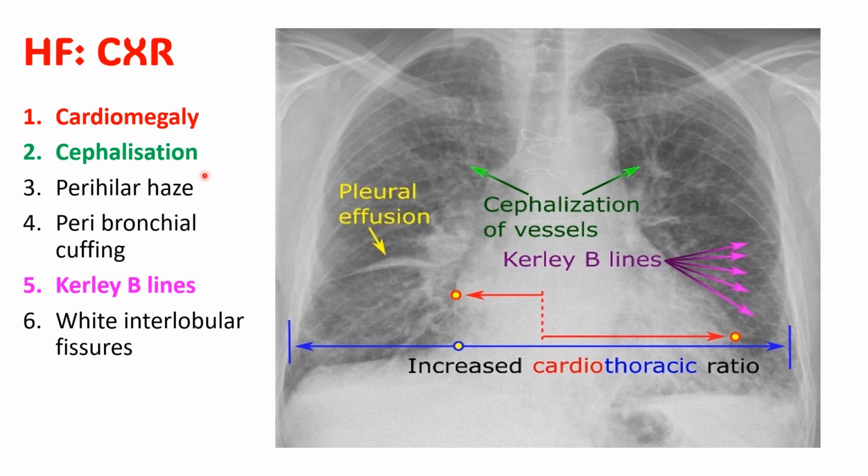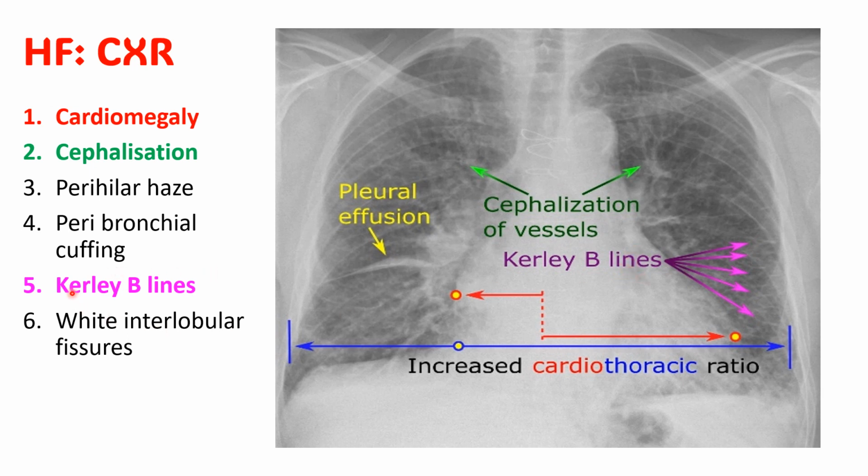And then we have a few signs here. So we have perihilar haze, kind of around here, peribronchial cuffing, which isn't actually labelled on the diagram. And basically with peribronchial cuffing, the bronchi appear almost ring-shaped when viewed end-on.